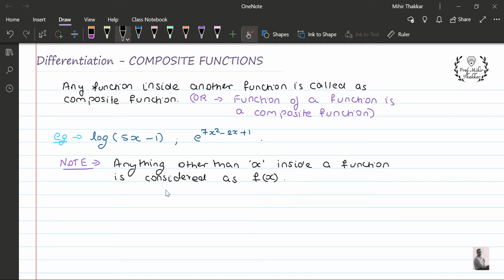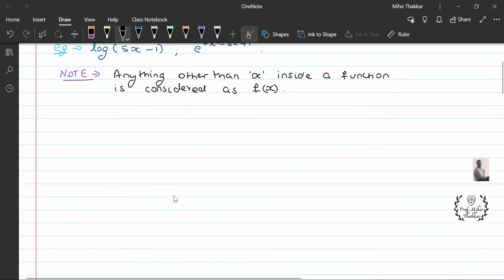So now what does that mean? First of all, we'll see all the formulas and then we'll see the application of this particular note. So let us go to our formulas.